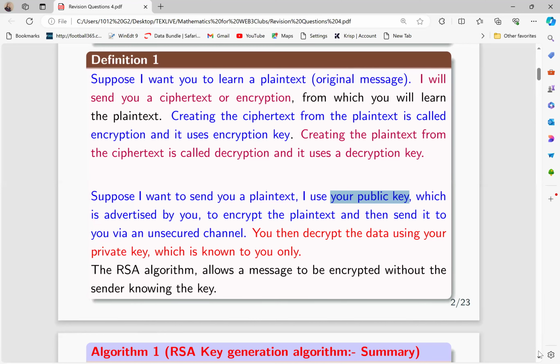Supposing it's me who wants to send you the message, the only key I know is the public key, which you prepared. And once you prepare the public key, you get its inverse. Its inverse will be the decrypting key that you remain with as a private key.